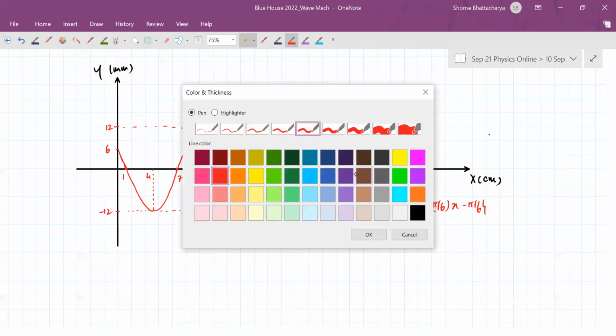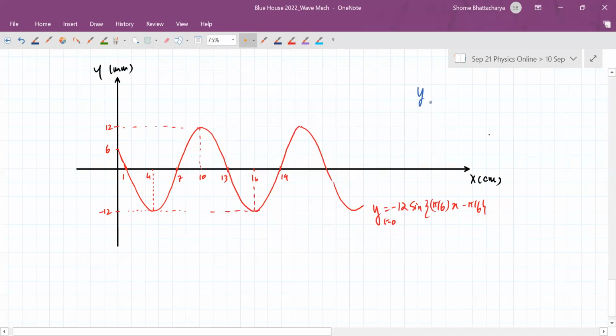Now when we superimpose y at t equal to 10 milliseconds, I think it's becoming, there's this term. Okay.